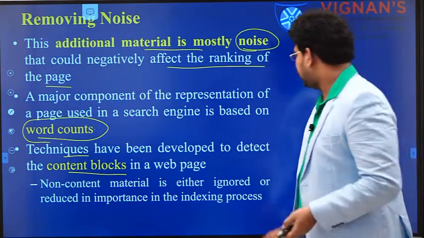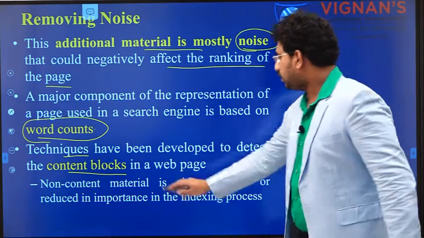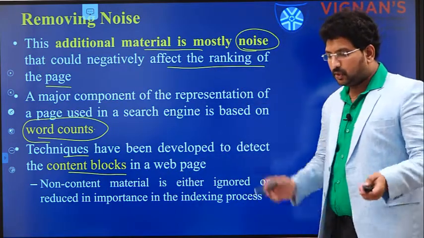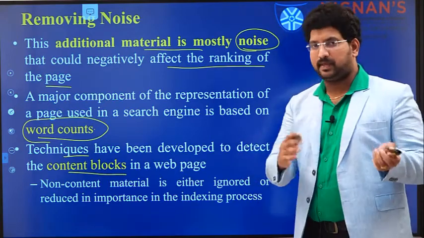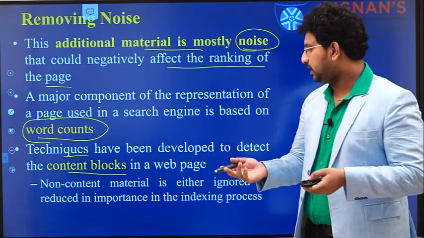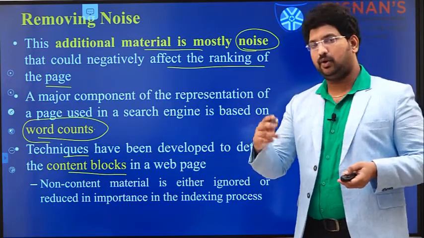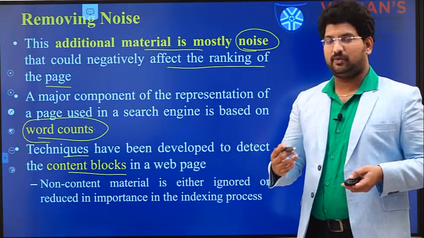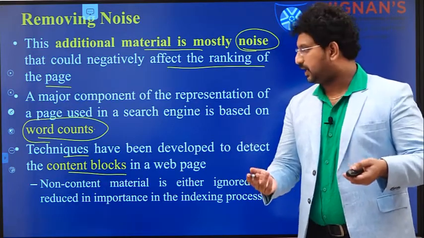Non-content material is either ignored or reduced in importance in the indexing process. We are talking about a web page consisting of both useful content and non-useful content. The content always plays an important role whenever a person is trying to retrieve information.